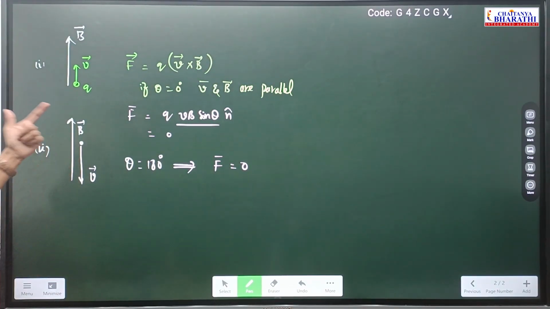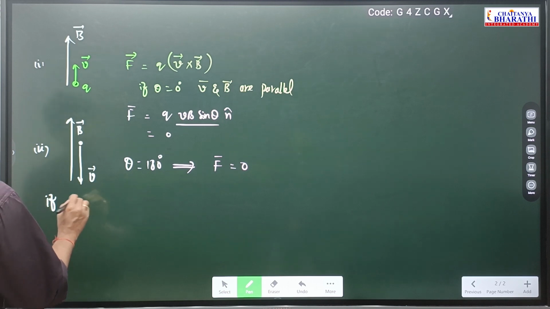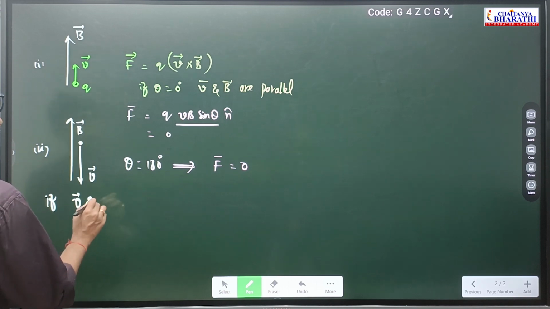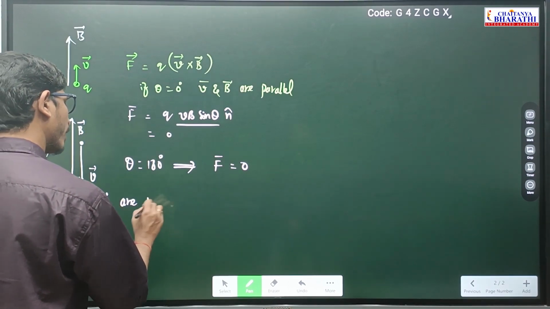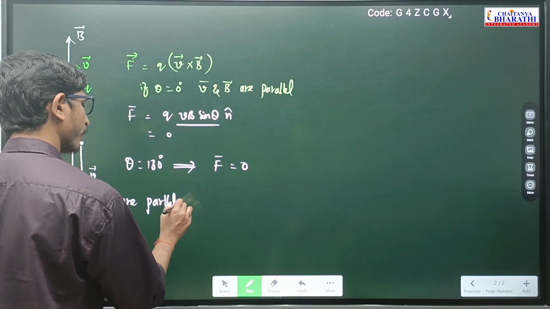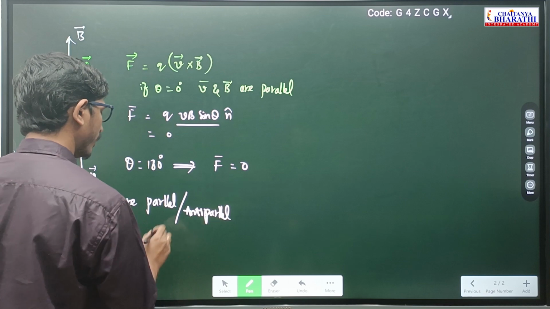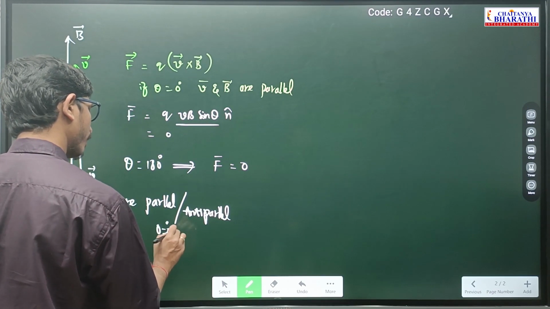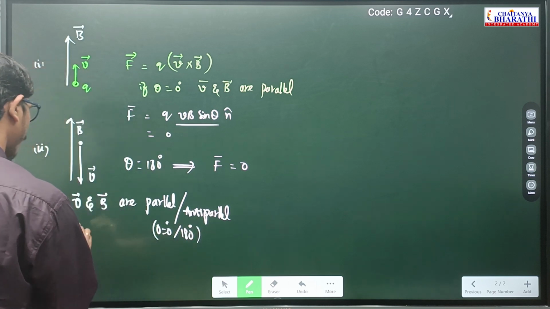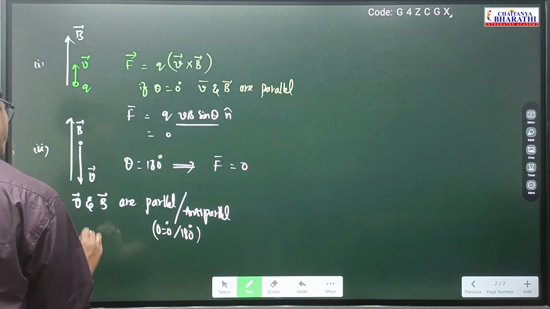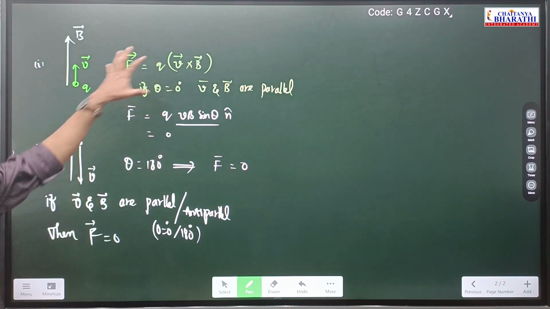So what you can conclude from these two statements is, if the velocity vector of the particle and B bar are parallel or anti-parallel, meaning theta is 0 or 180 degrees, then the force experienced by the charged particle is 0.